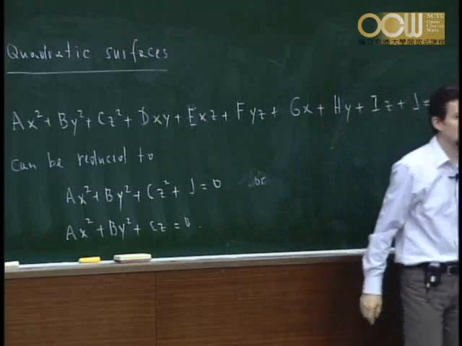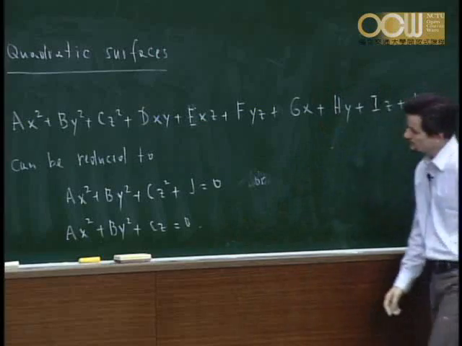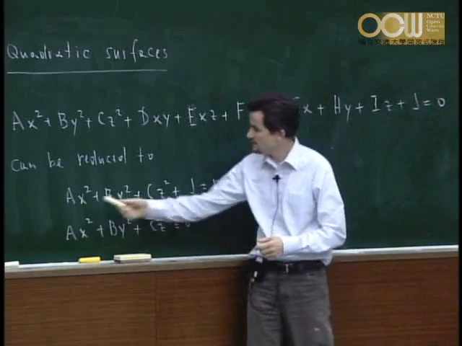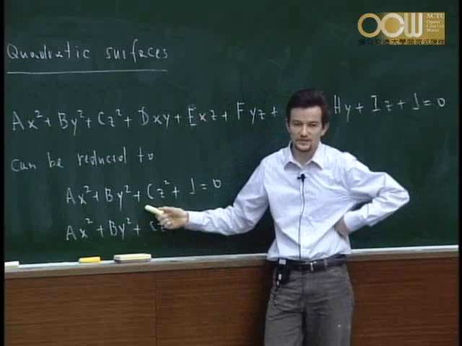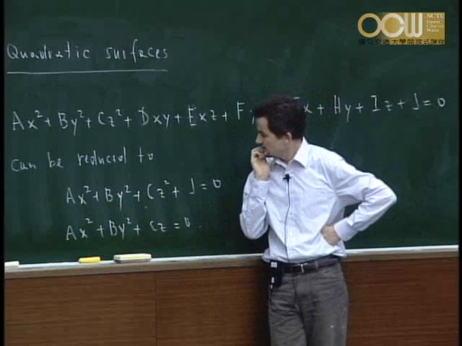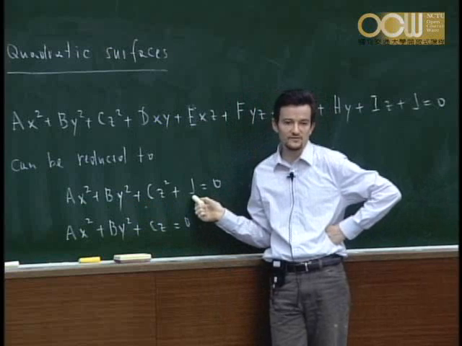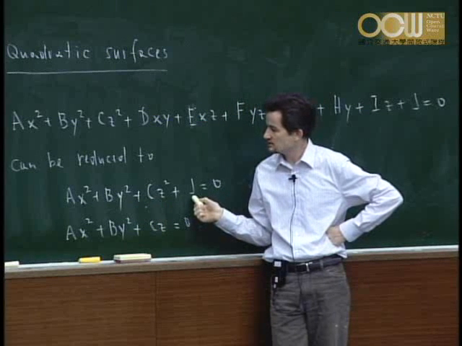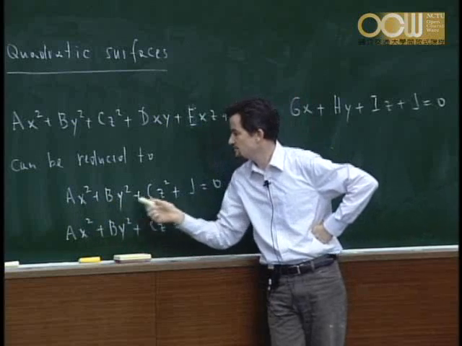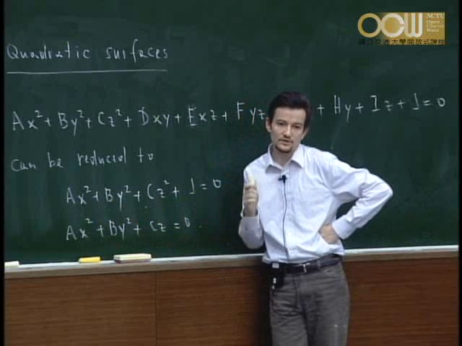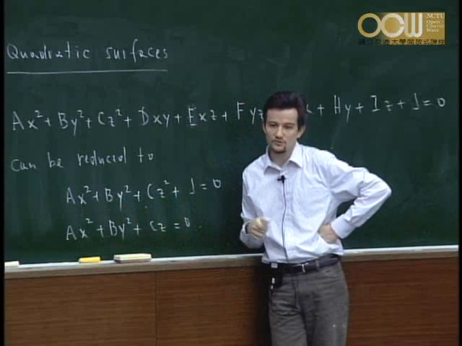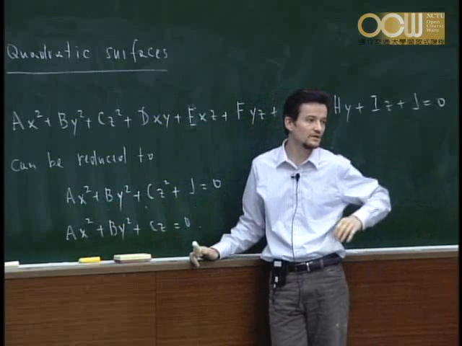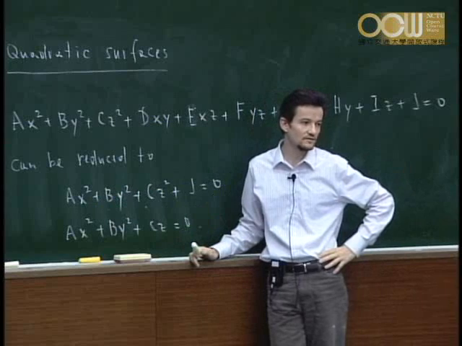Now, how many are left? Essentially, if for instance A, B, C is larger than 0 and J is smaller than 0, then I do not care about the specific numbers A, B, C, and J. I will call this one type. So by looking at this equation, I just have to look at the possible combinations for the signs.